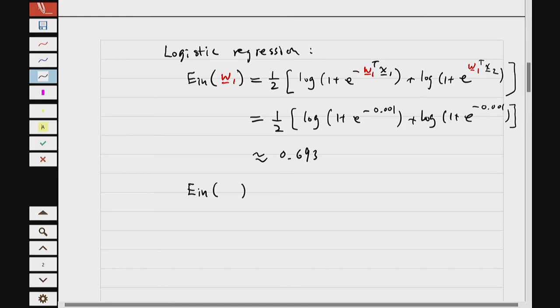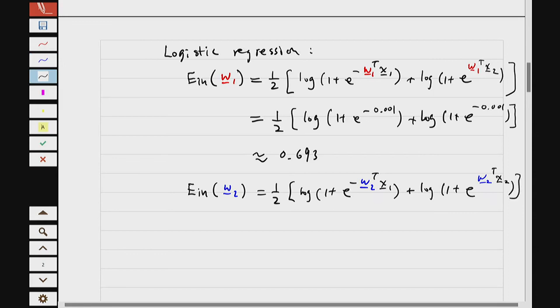Likewise, we can do the same thing for the blue line. Again, substituting the formula, log of 1 plus e to the minus W2 transpose x2.